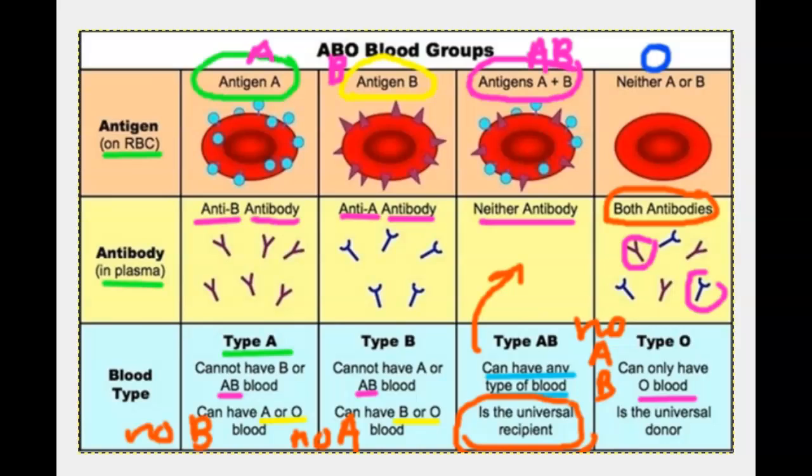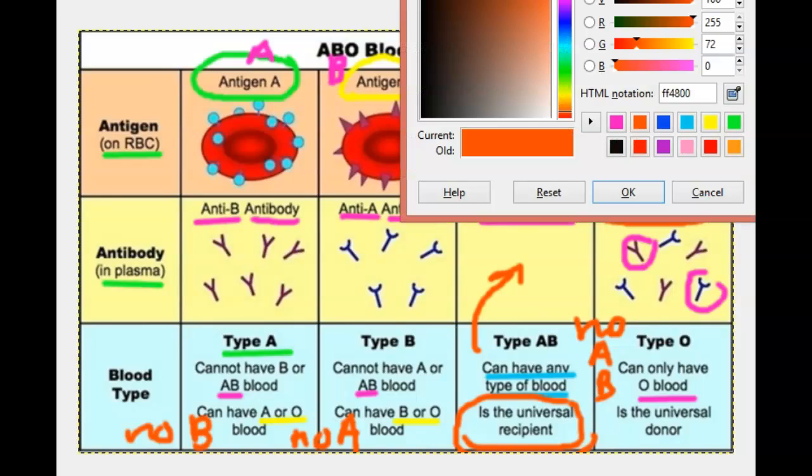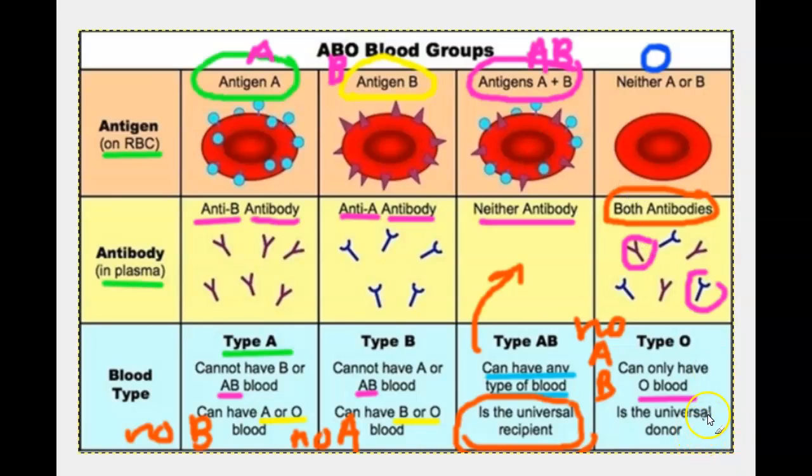But look what they're called. Doesn't make any sense, does it? They're considered to be the universal donors. And why is that? That's because up here, the red blood cells don't have any antigens.